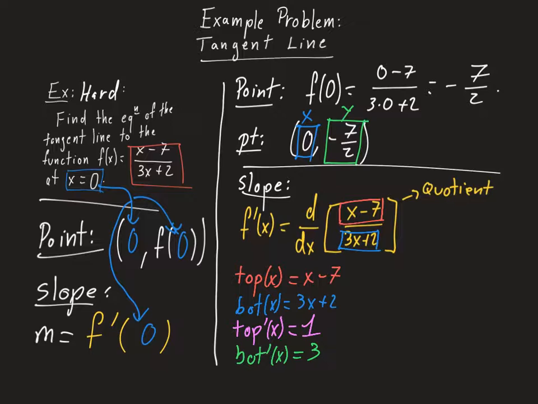So the quotient rule tells us that this derivative is going to be equal to the derivative of the top times the bottom, minus the derivative of the bottom times the top, all this divided by the bottom squared.